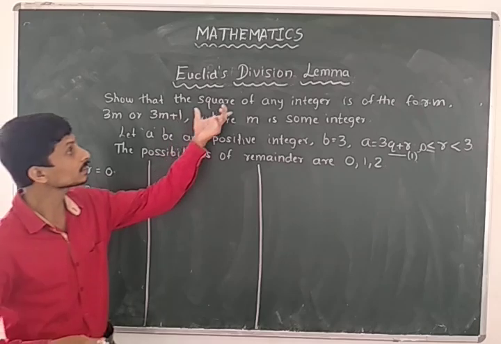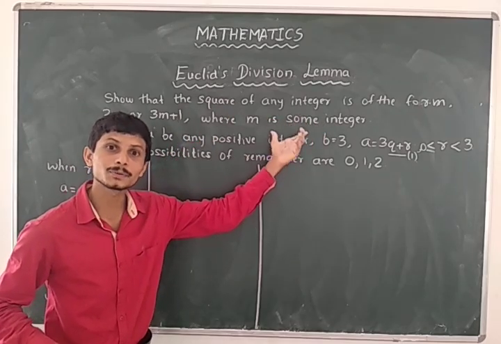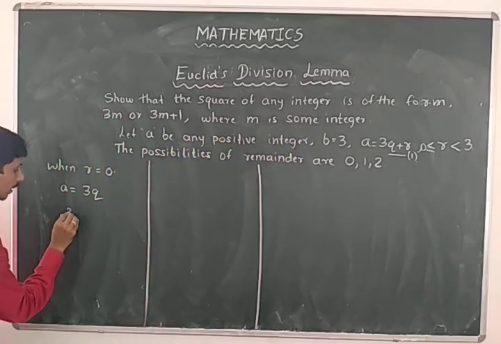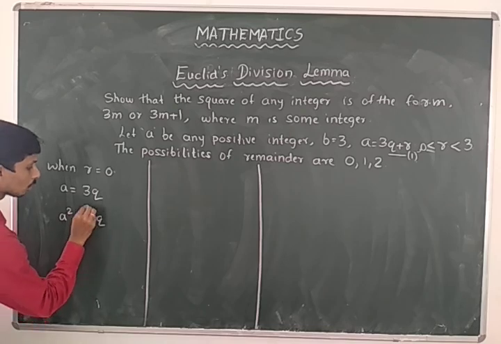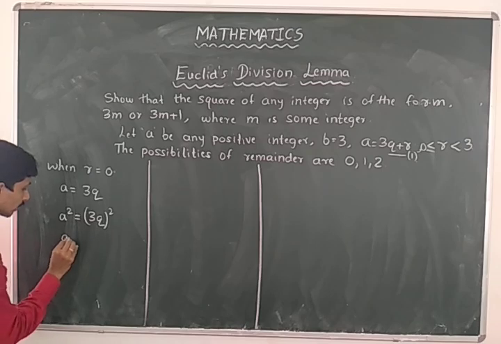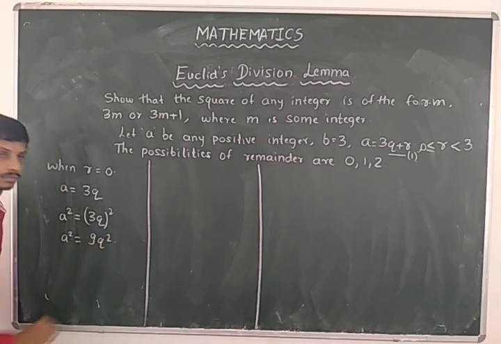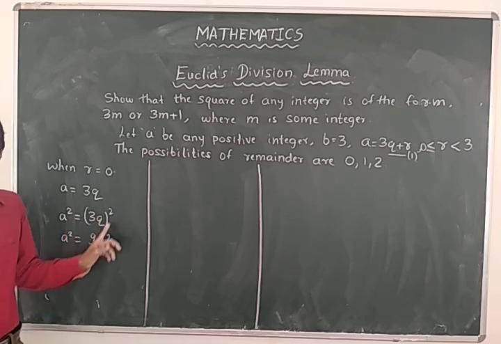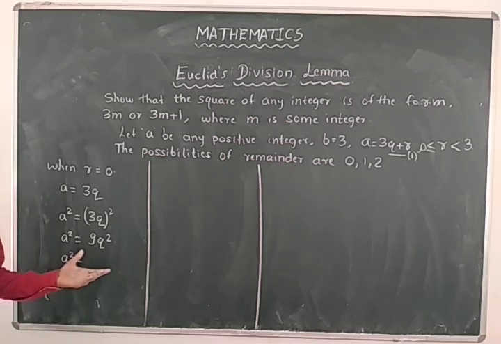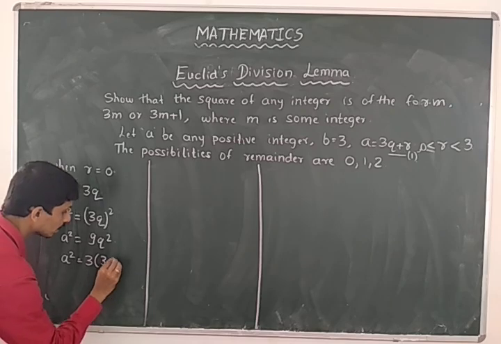We have to take the square of that integer. That means a square is equal to 3q whole square, because we are squaring both sides. So a square is equal to 9q square. Yes, 3 square is 9 and q square. So a square is equal to 3 into 3q square.